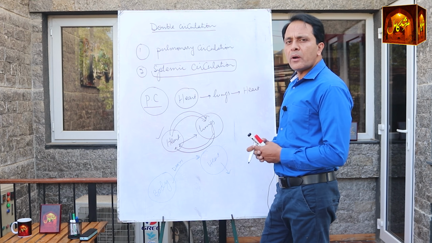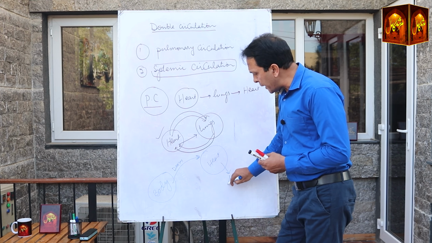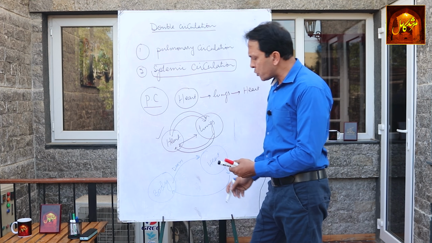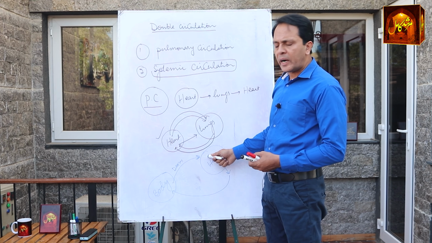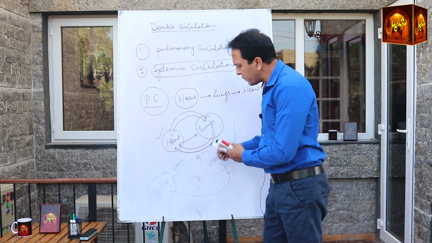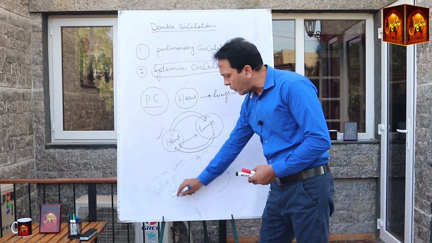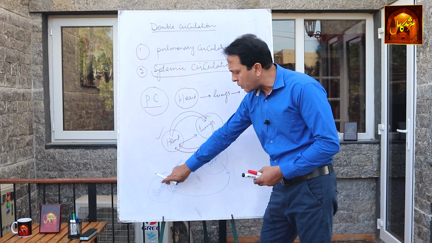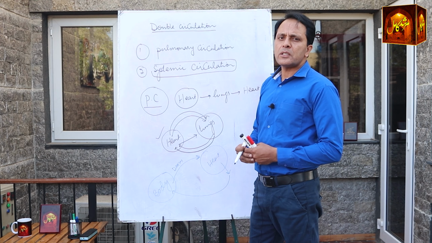And from your left side, the heart pumps oxygenated blood again to the body. So the circulation between your body and the heart is called systemic circulation.